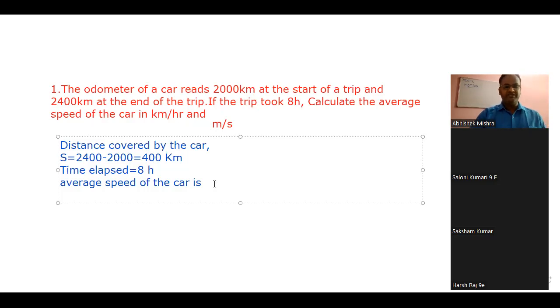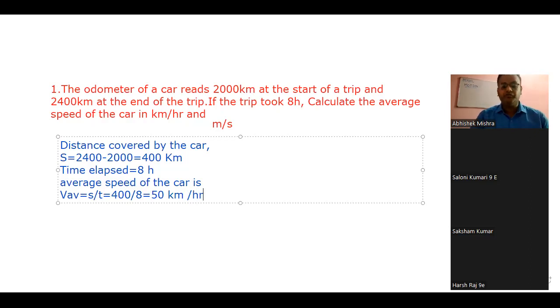That is V average is equal to S by T, is equal to 400 by 8, which comes to 50 kilometer per hour.